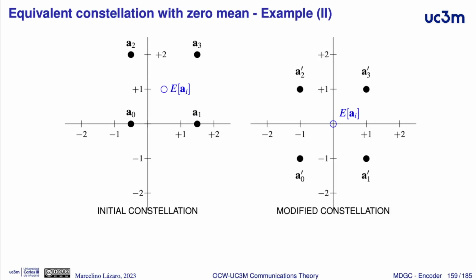Just as an illustrative example, if we have this constellation, clearly this constellation doesn't have zero mean. The mean in the first component is 1/2, the mean in the second component is 1. If we subtract this mean to every symbol in this constellation, we get this constellation that has zero mean.